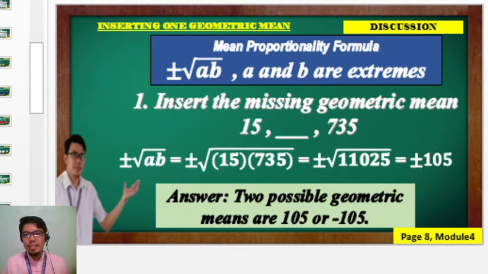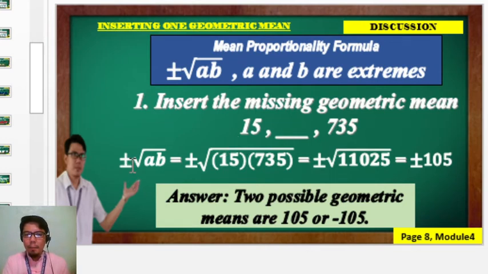Let's have another example using the same formula, the mean proportionality formula. Insert the missing geometric mean in this geometric sequence: 15, blank, 735. So to get the blank, use the formula positive negative square root of AB. A here is 15 as the first term, and B is 735 as the last term.